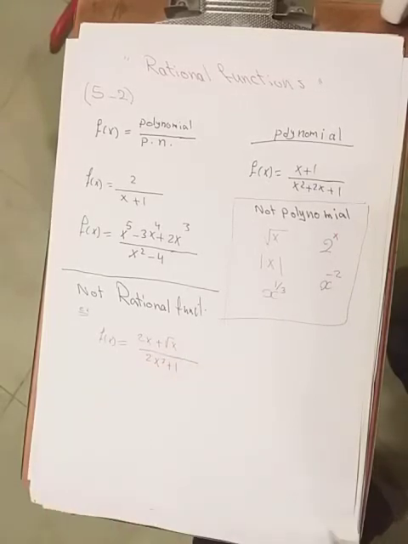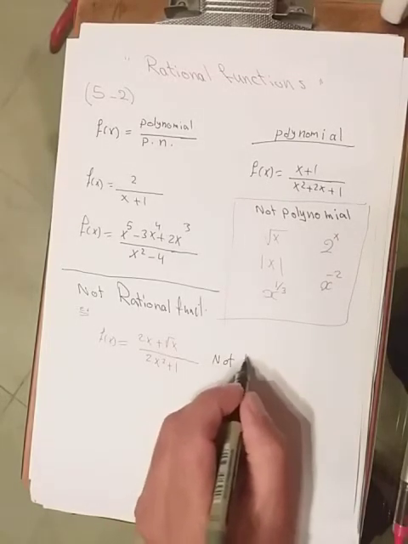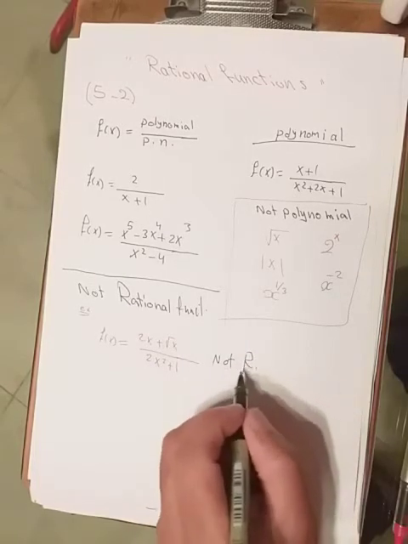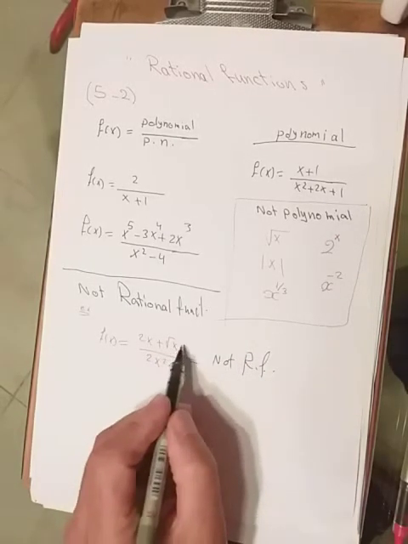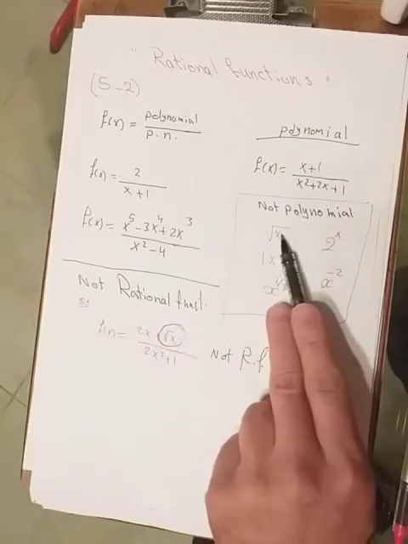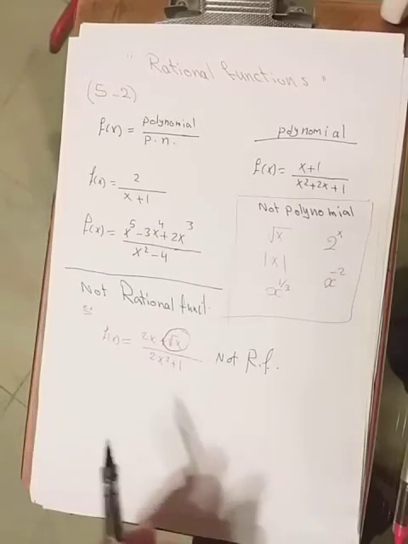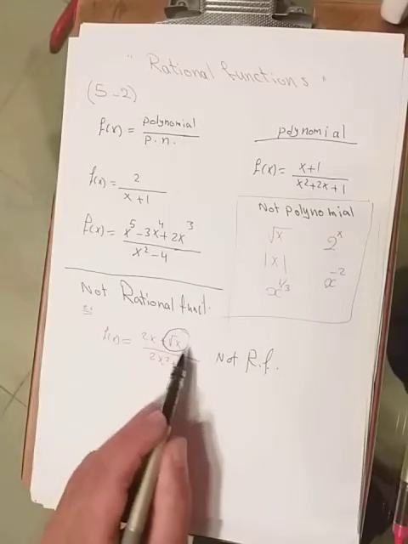Is this a polynomial? No. It is not a rational function, because radical x is not a polynomial. This part is a polynomial, but altogether it is not.